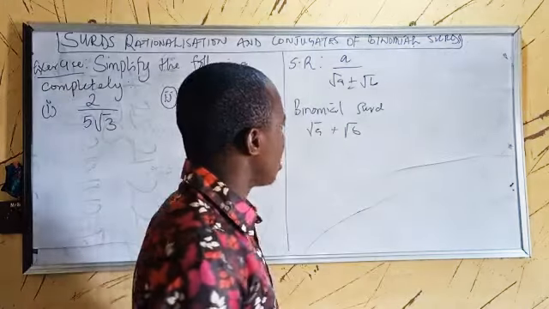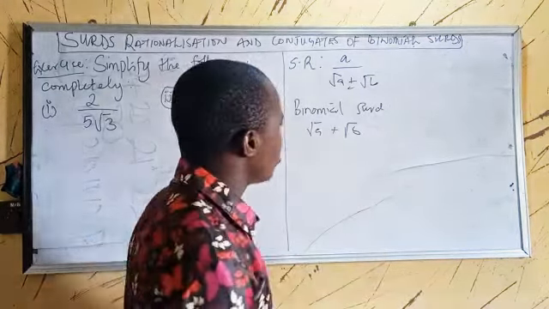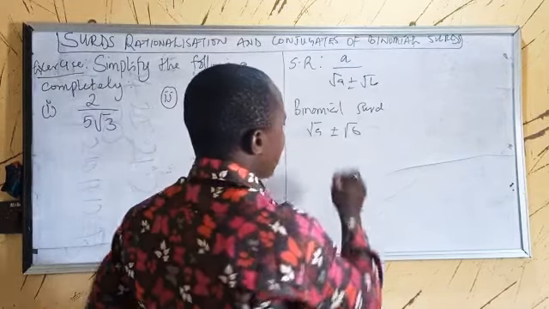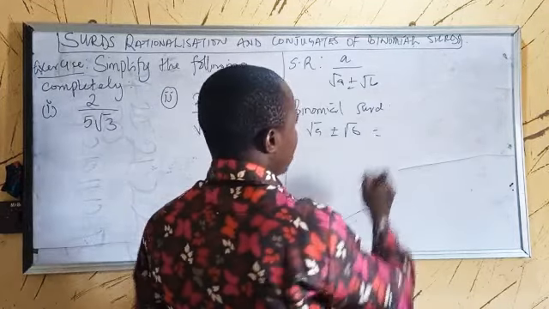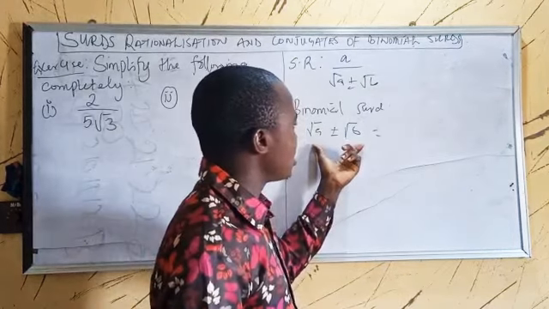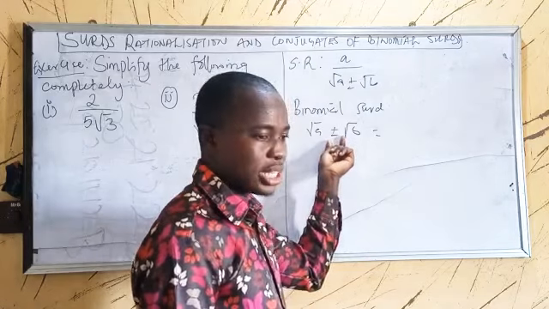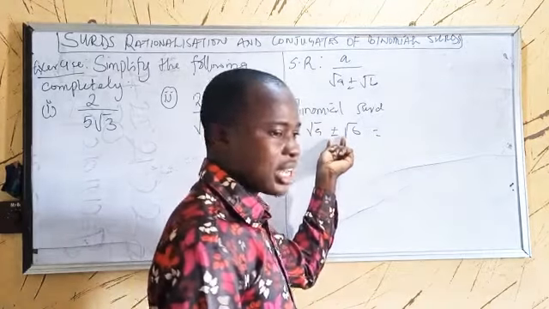If you now want to do the rationalization of the surd, you will find the conjugate of this. The conjugate of this is just that you change the sign.